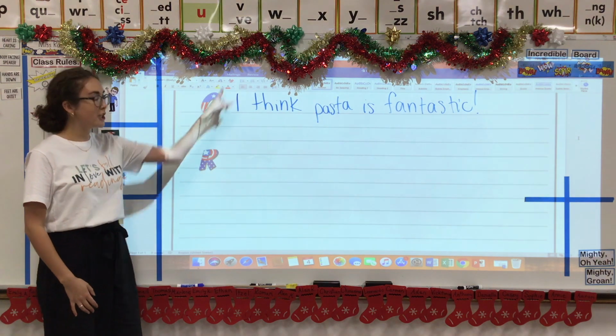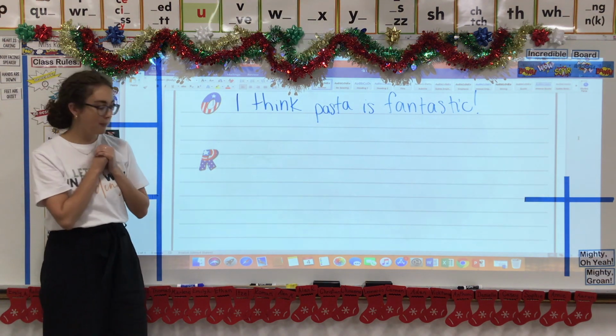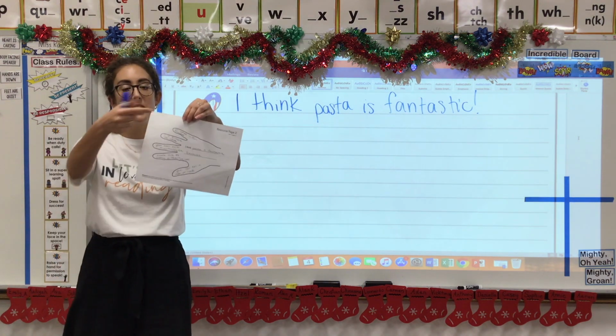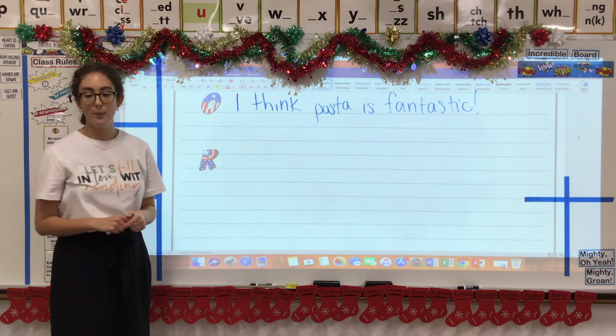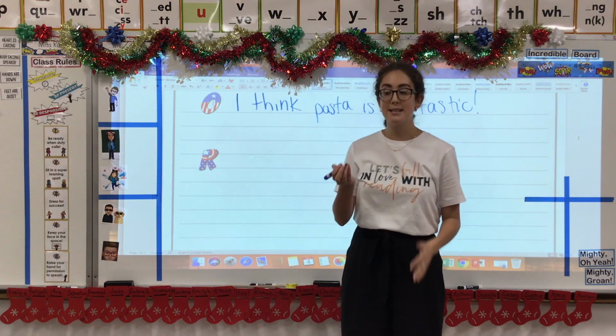So we can check off the first building block, and now we're going to look at our second building block, the reasons. This is when you are going to use the 3 reasons that you starred on your brainstorm. So I'm going to start by making sure my sentence is complete.